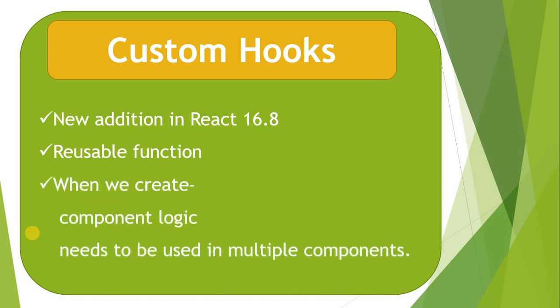If particular component logic is used in multiple files or components inside the application, you can define it as a custom hook and use it in multiple files or components without rewriting the same code again and again.